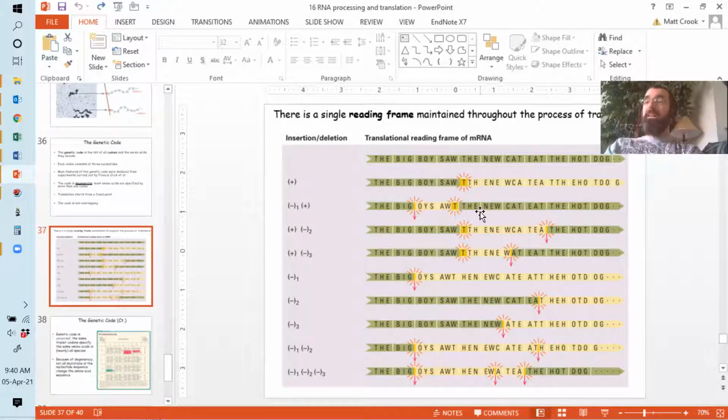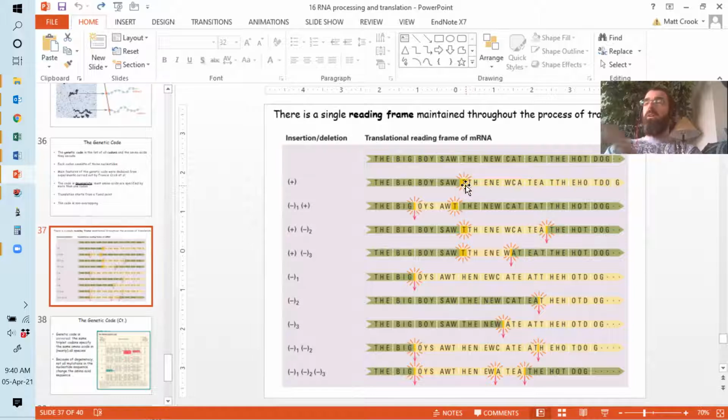So if you add a letter, let's say you add another T here, the ribosome is not going to know that it should skip that T or U in the mRNA. All it will see is, okay, this is the word. Bring in the amino acid for this particular word, even though that word is now wrong, right?